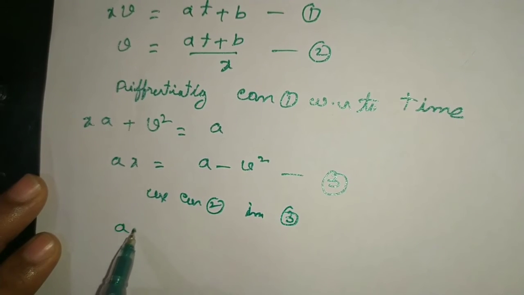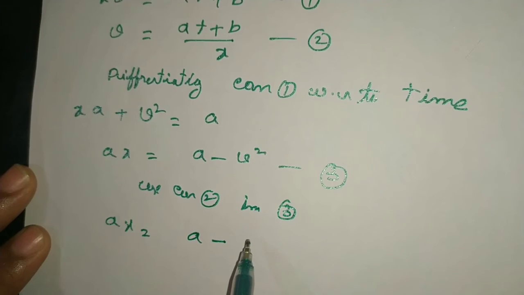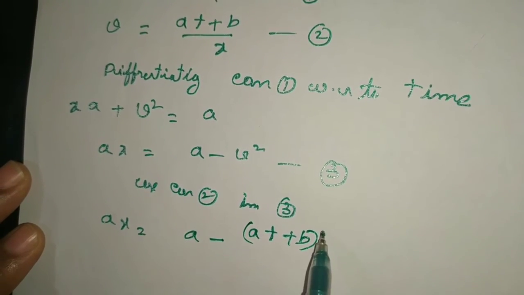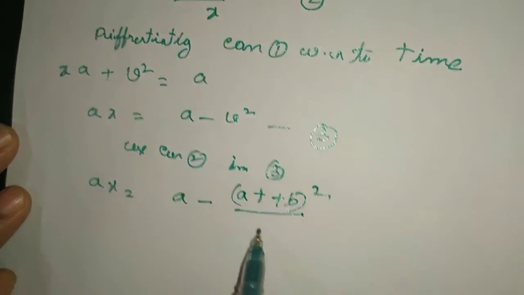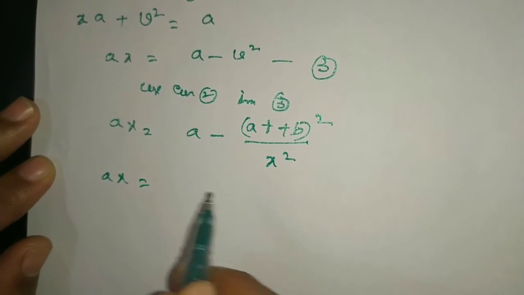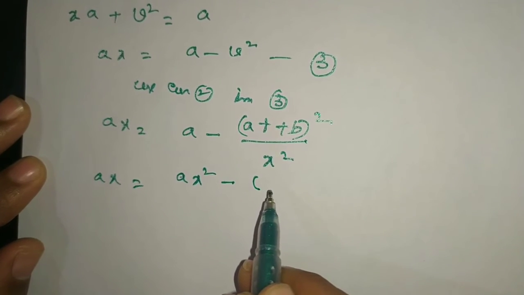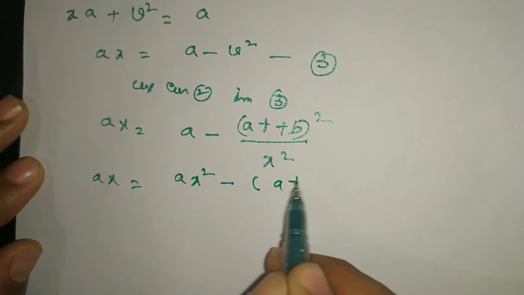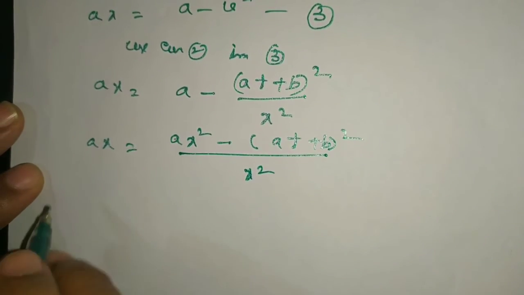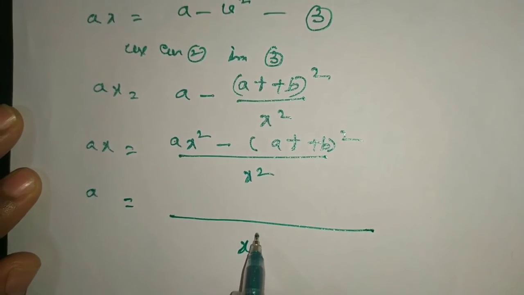We find a x is equal to a minus a t plus b whole square divided by x square. Therefore a x is equal to a x square minus a t plus b whole square, divided by x square. On cross multiplication, in the denominator there is x square into x, that is x cube.